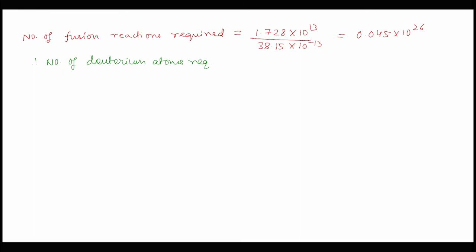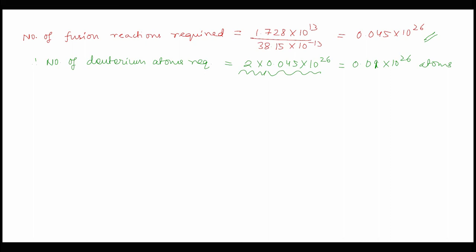We obtain the value of 0.09 into 10 to the power 26 atoms. Here we have used the number of fusion reactions, 0.045 into 10 to the power 26, and in each fusion reaction we are using two deuterium atoms. So we multiply the two to obtain 0.09 into 10 to the power 26 deuterium atoms.